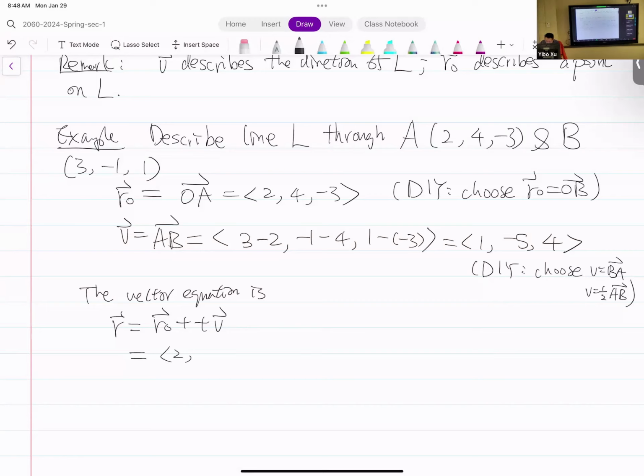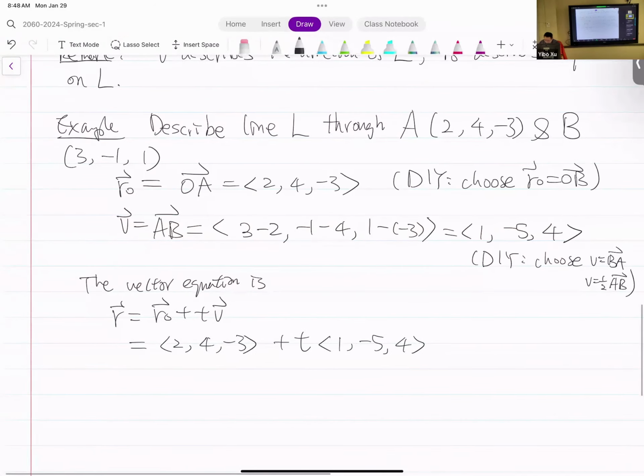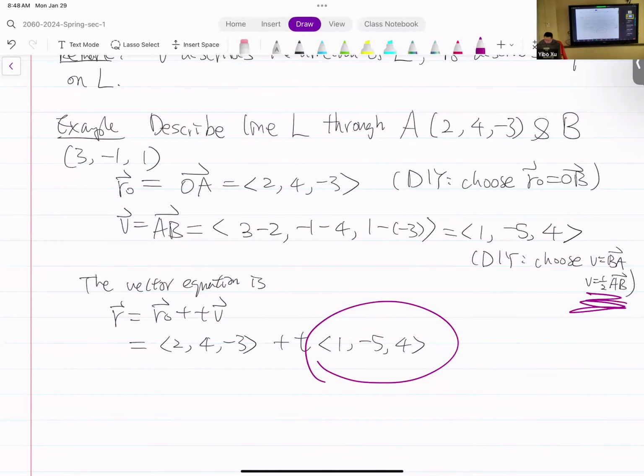It's going to be 2, 4, -3, that's for R0, plus t times V, which is 1, -5, 4. So let's say if you just divide by 2 for this part, then this is the component-wise division in front of t. So essentially that's not different at all.